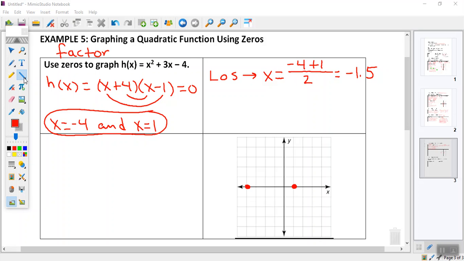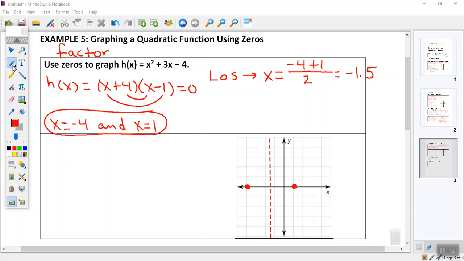So at negative 1.5, I'm going to throw a line of symmetry in here. So here's negative 1, negative 2, so I'll go right in the middle here. Is that pretty good in the middle there, guys? Hey, how am I going to find the vertex now? Kids, a couple of different ways. I could go back to the original equation and put this in, but I think it's easier to put it into the factored form.